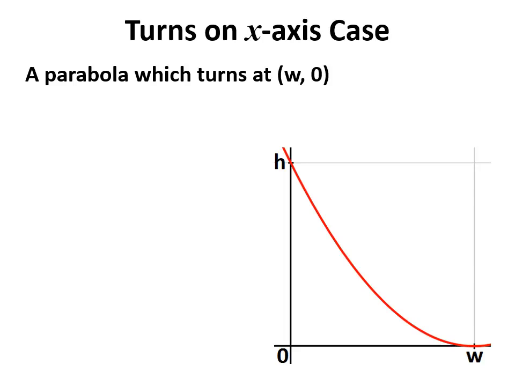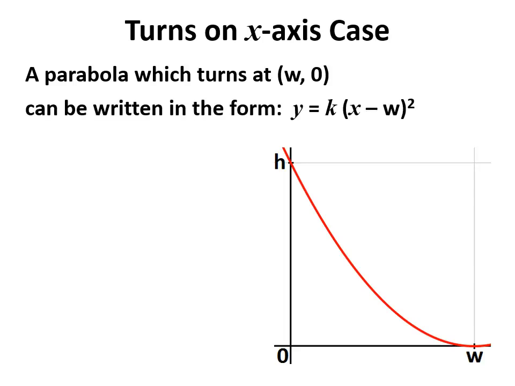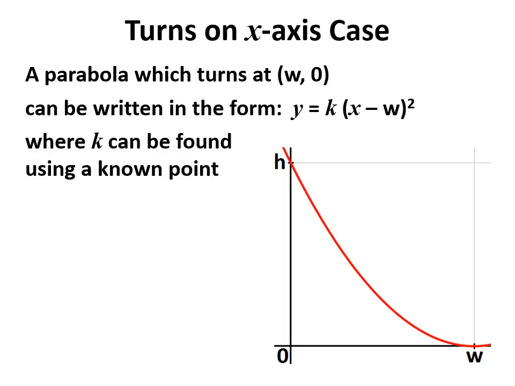Let's look at another relatively simple case. So the parabola turns at some width w, and so it's of the form some multiplier, which we're going to work out, times (x minus w) squared. And we need to know a point. So in this case, we're going to use the intercept.